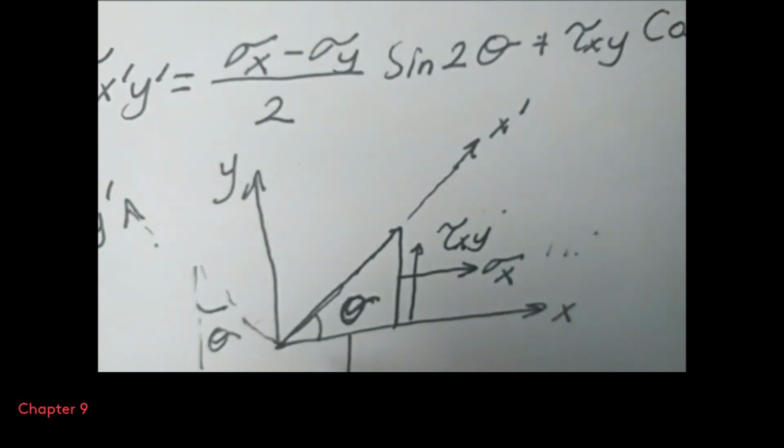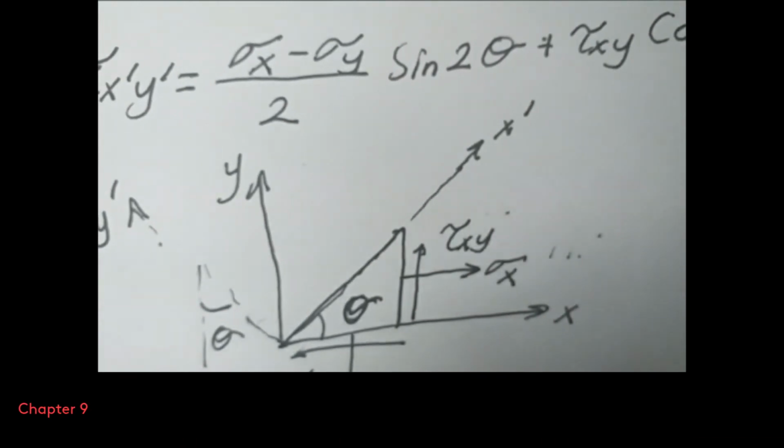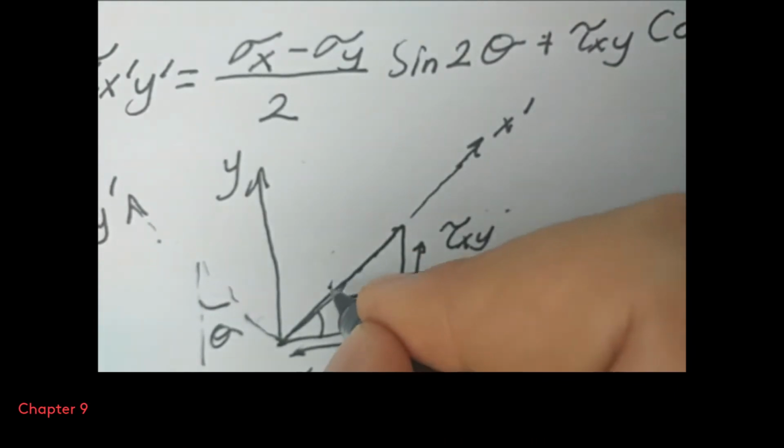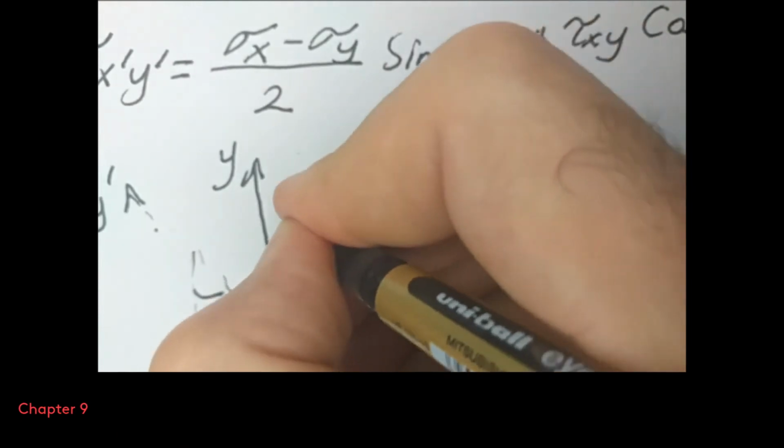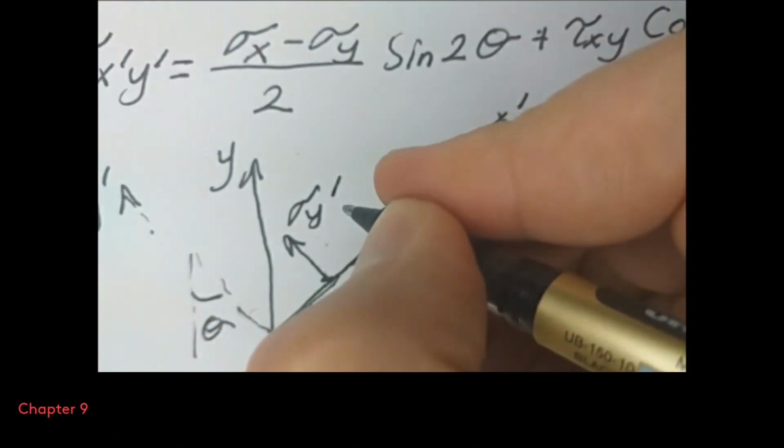And certainly on this surface we have sigma y prime, which is normal to the surface.